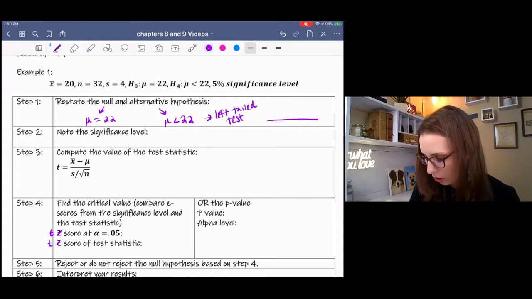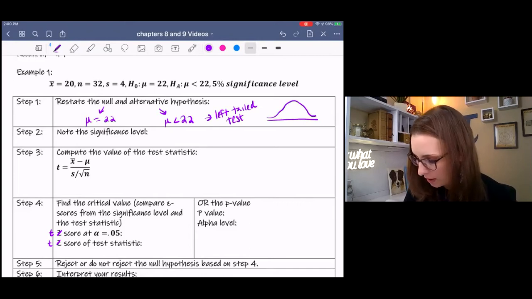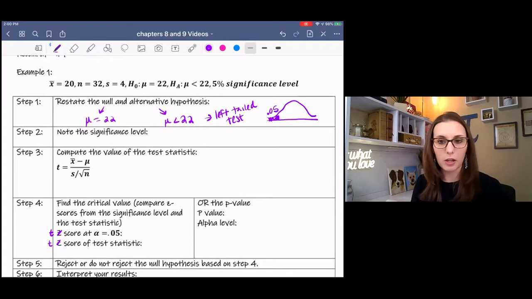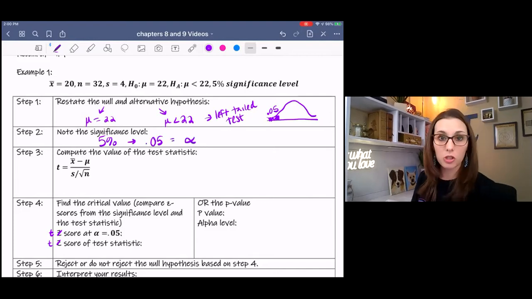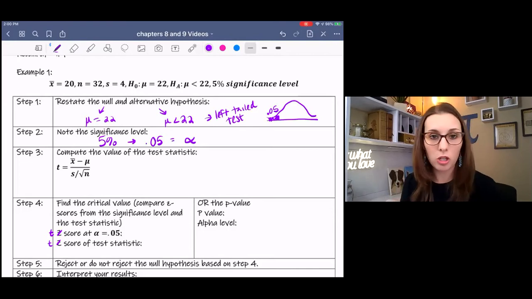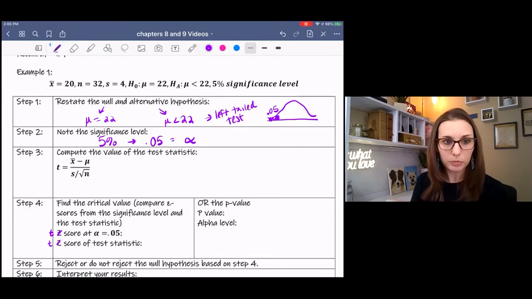So we have our little curve, and alpha is 0.05 and it's left-tailed. So that 5% is our alpha value that we're going to use to help us make a decision. Remember, you can't make a decision until you know the significance level.